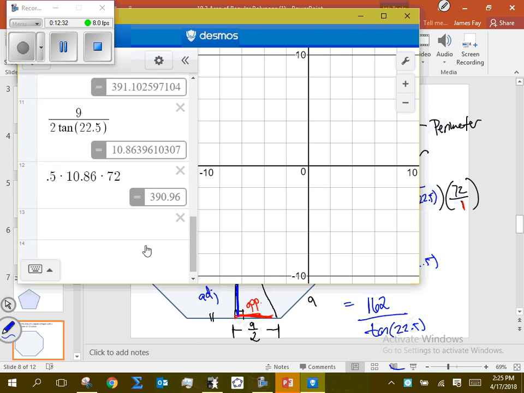Okay, that's close. It is close, but if they ask me to round my final answer to the nearest tenths place, this one would be 391.1, right? This one, 391, we would round to 391.0. Not the same number, right? Does that make sense?